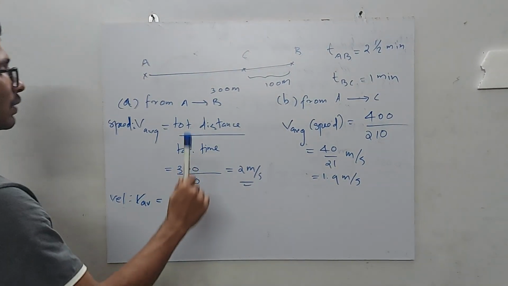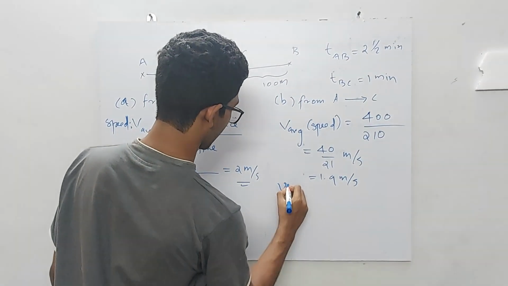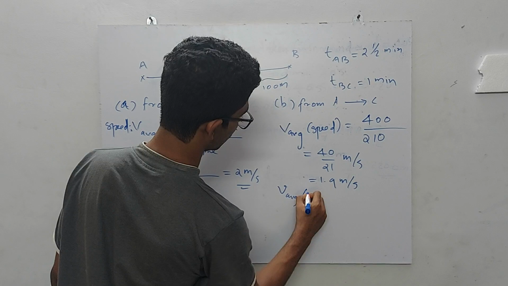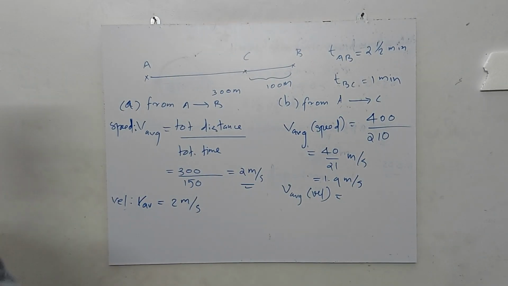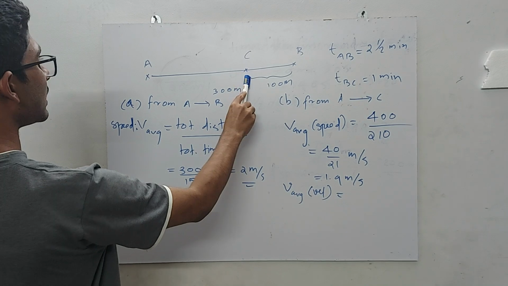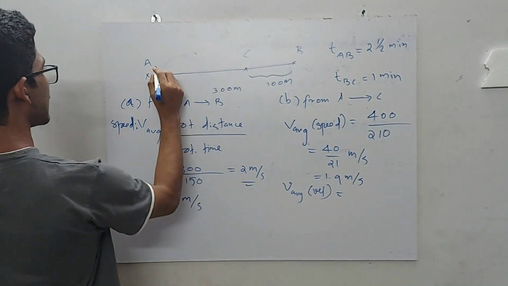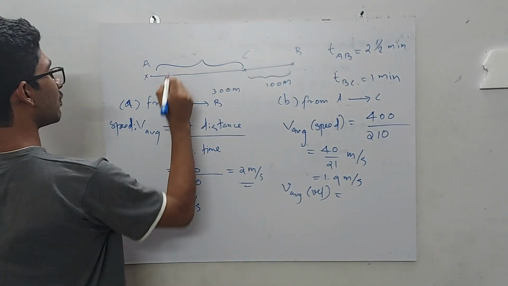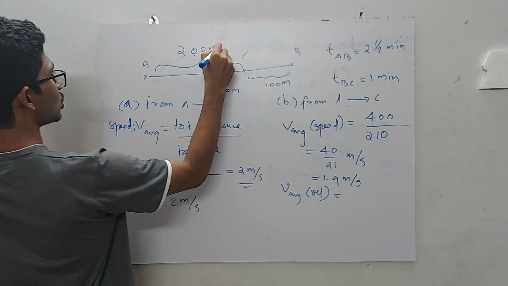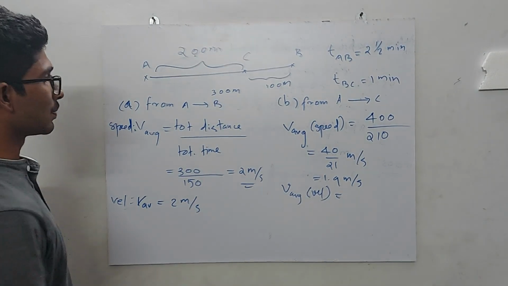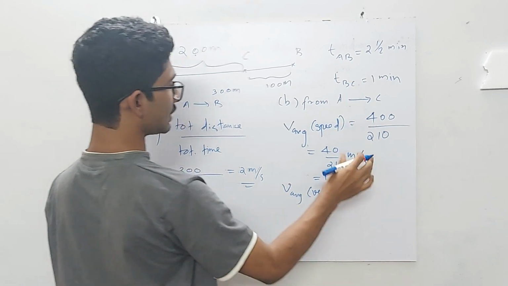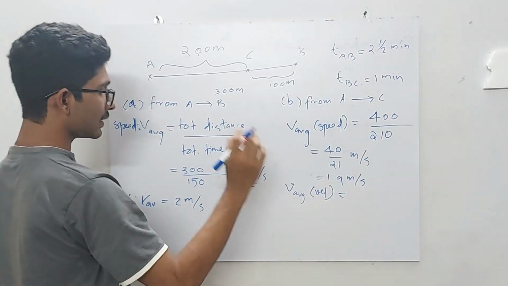Now, in the next one, we have to calculate the average velocity, which is displacement by time. So now the initial point is A and the final point is C. The distance AC will be 200 meters, so the displacement in A to C motion will be 200 meters. And the time taken is the same total time, that is 210 seconds.